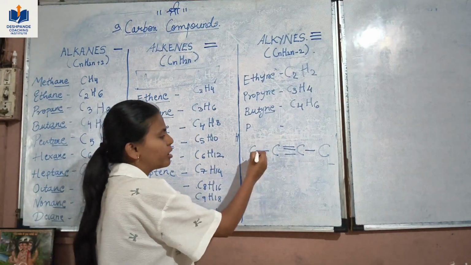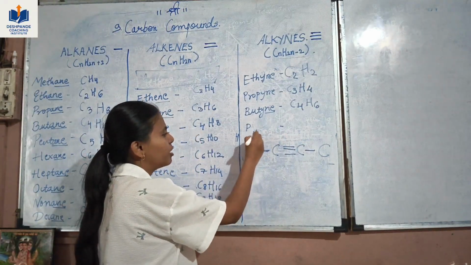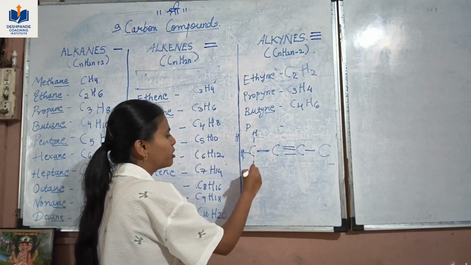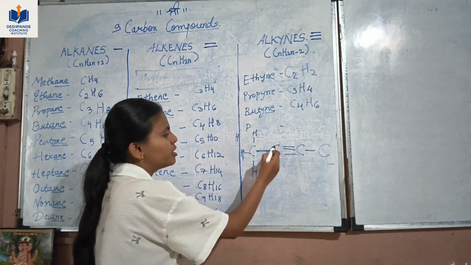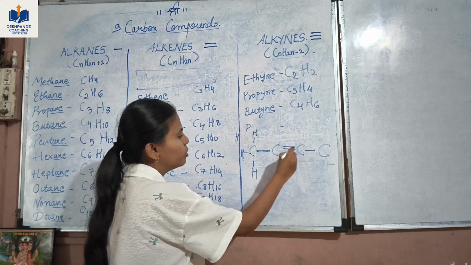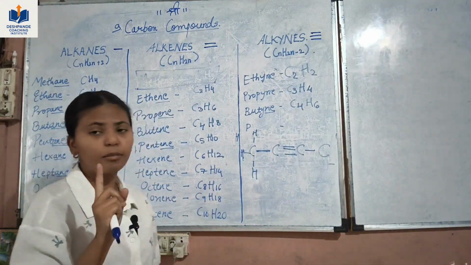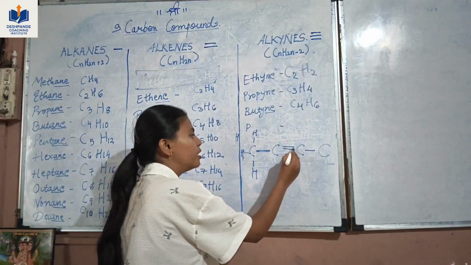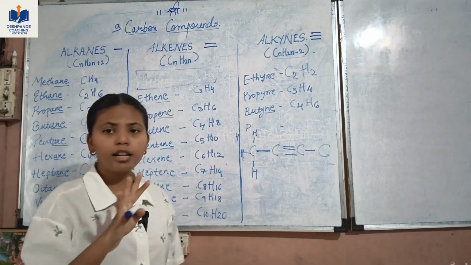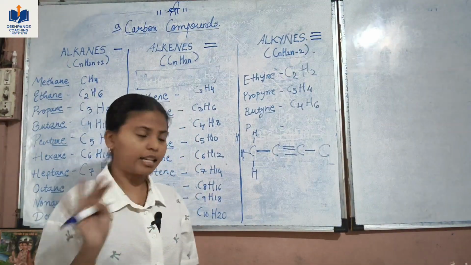Now this carbon atom has only 1 bond, so it will make 3 other bonds to make 4 bonds. This carbon atom, 1, 2, 3, 4, it already has 4 bonds. It can't make any other bond. This carbon atom, 1, 2, 3, 4, it already has 4 bonds. Its valencies are satisfied.